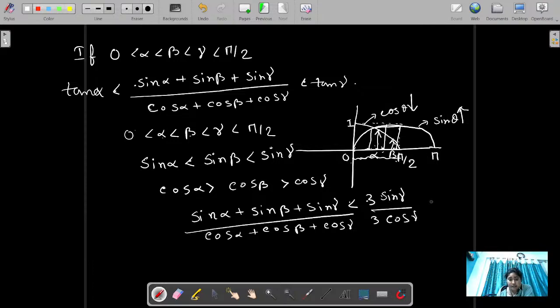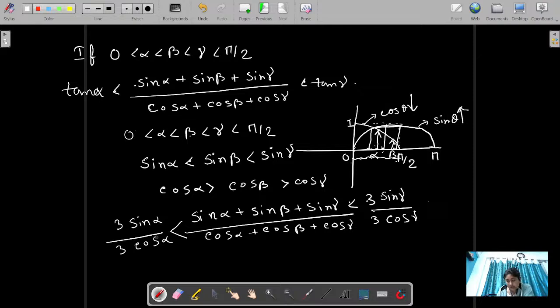And this will be greater than 3 sine alpha by 3 cos alpha. Why am I saying so?